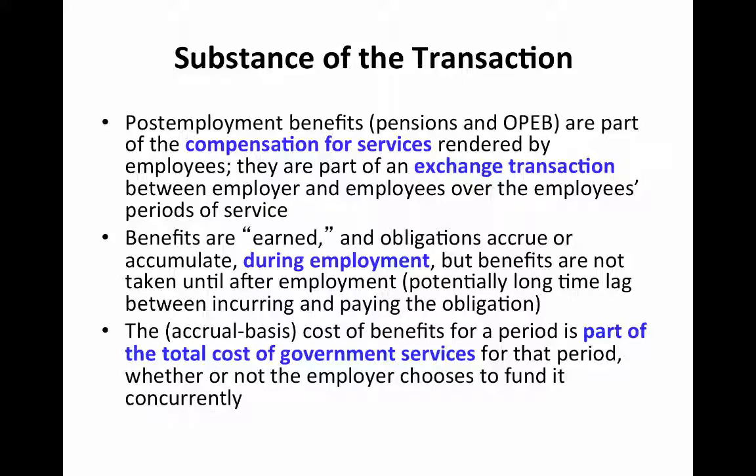It is an exchange transaction between the government and the employee. The employee provides services, works for the government, and the government in turn provides a salary and other benefits, and then pension and OPEB.